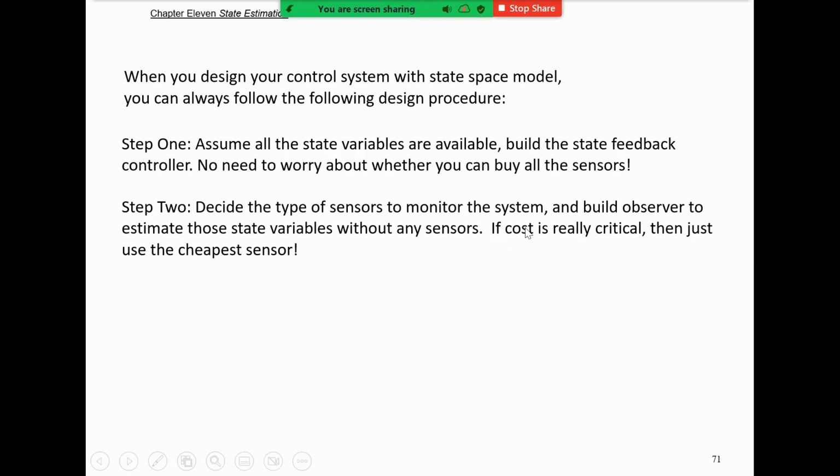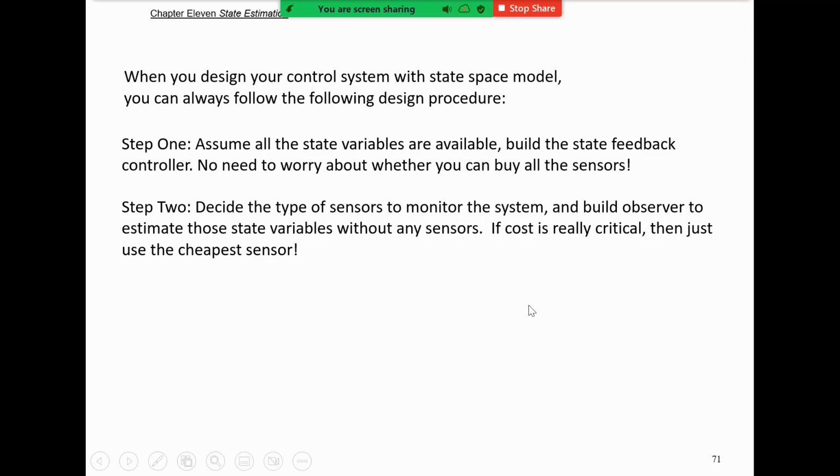That will be a compromise. We know that if you have all the state variables available, the performance will be a little bit better than without the sensors. But if cost is really critical and you want to save money, then you just use the cheapest sensor to measure one state variable, which means you measure one output.